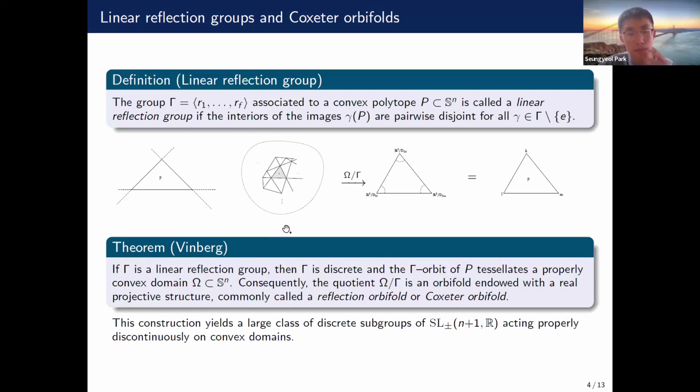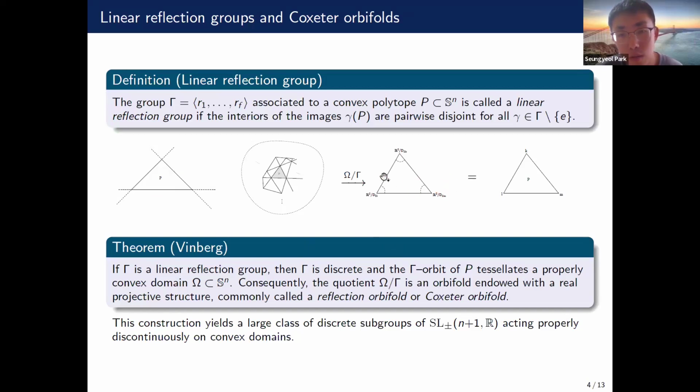As I explained before, whenever we have such an action, then the quotient becomes an orbifold together with the real projective structures. Here in the third picture, that is the resulting orbifold, whose underlying space is exactly the same as the polytope we began with, but it now has an orbifold structure.